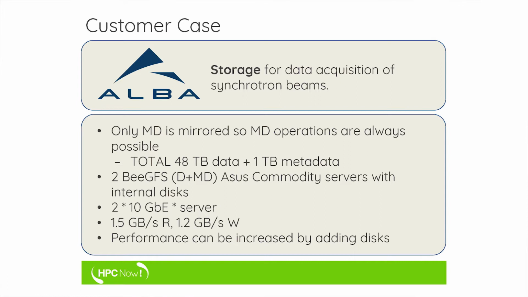It has also been built with ASUS commodity servers with internal disks and two 10 gigabit Ethernet connections. Each server has 10 gigabits in bonding, and the system can give 1.5 gigabytes per second on reads and 1.2 gigabytes per second on writes. Also in this case, the performance can be increased by adding more disks to the system.